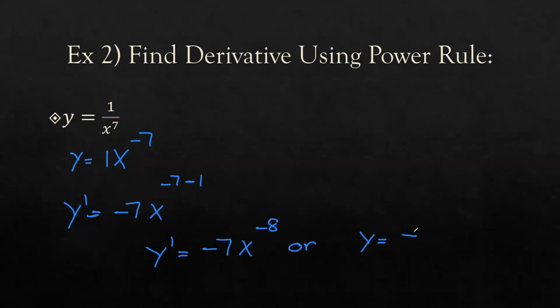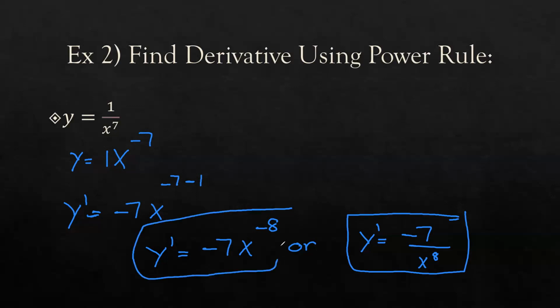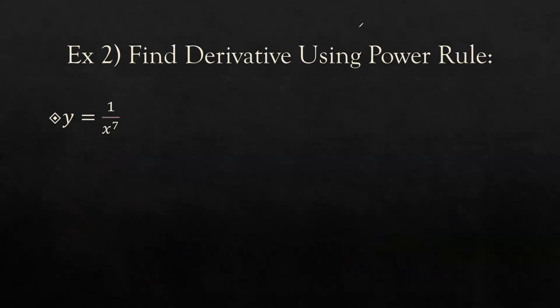It would be negative 7, and then x to the negative 8 would be 1 over x to the 8. So either answer works. Let's move on to the next one.